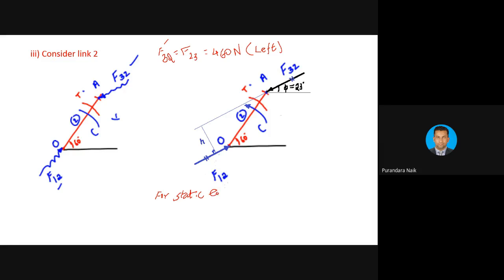Static equilibrium. What is the condition? You have done the same thing for the last problem also. For static equilibrium, what is the condition?